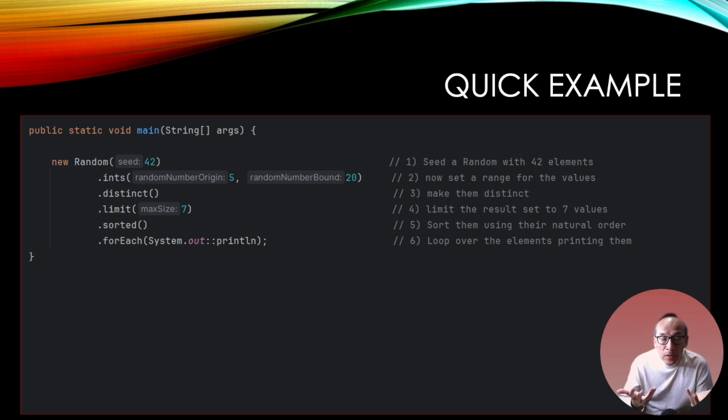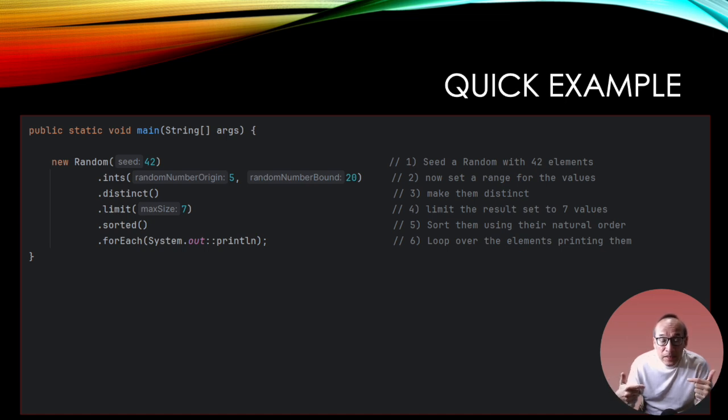Let's just seed this stream with a random class. Not really important, but you just have a random bunch of integers. Now we're going to do a range from 5 to 20, starting at 5 and ending at 20, and we're going to have some random numbers.